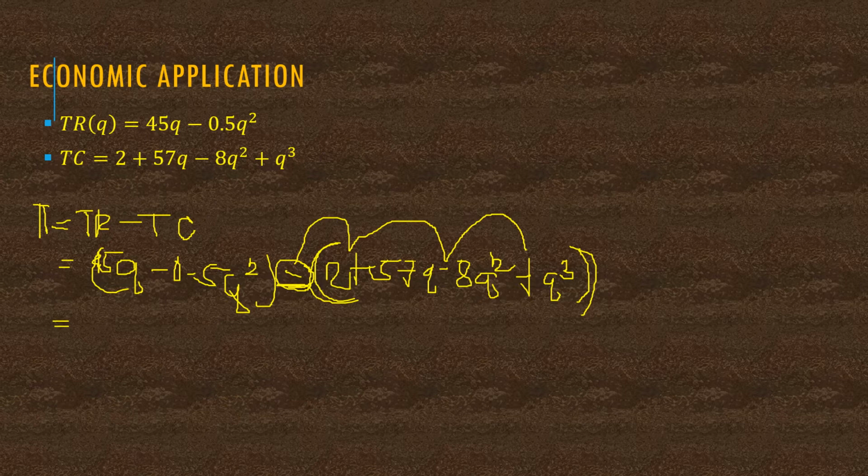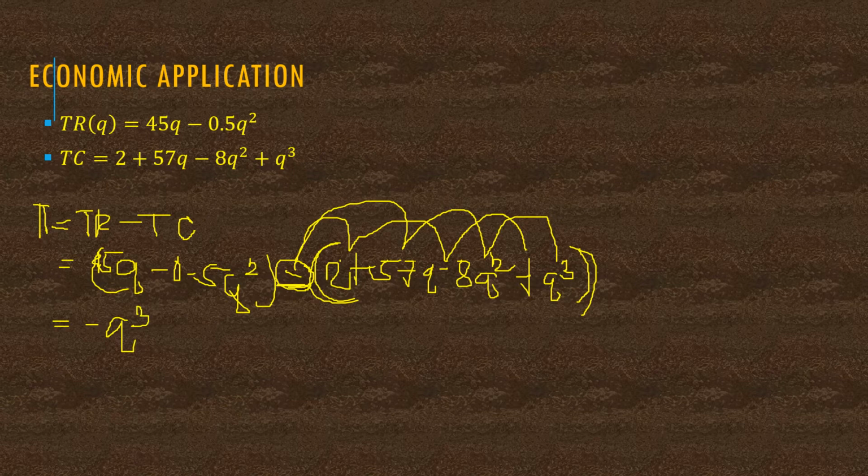So, the result: this one negative here, if you are going to distribute it, it will become negative 2. This one will be negative 57Q, positive 8Q squared, and then the negative Q cubed. If you are going to arrange it, you will have a function with negative Q cubed.